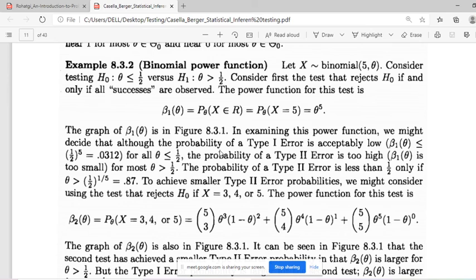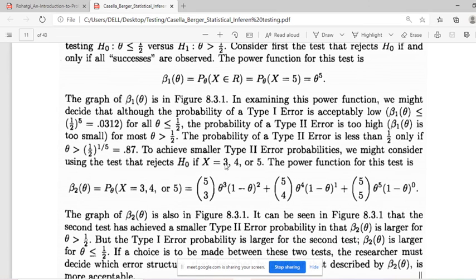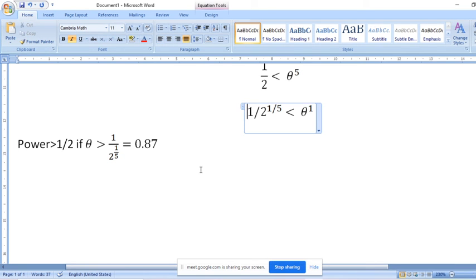Similarly, using similar steps as in the previous case, you can find the probability of type 1 error, the probability of type 2 error, and the behavior of type 1 and type 2 error when theta is less than or equal to 1 by 2 and theta greater than 1 by 2, etc. So you can do this problem as we have seen here.